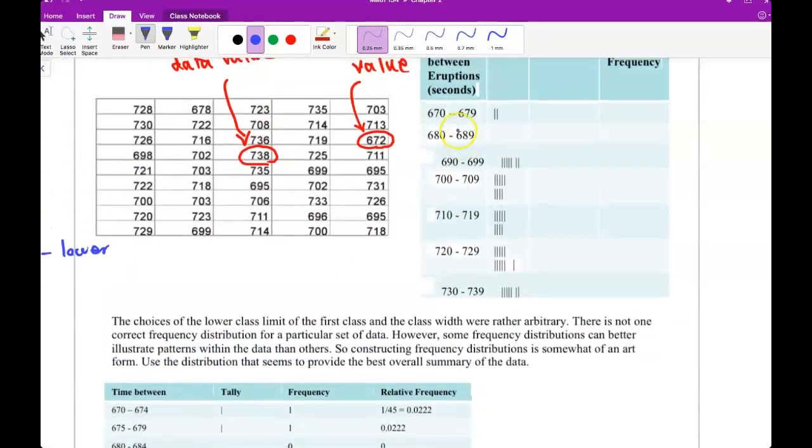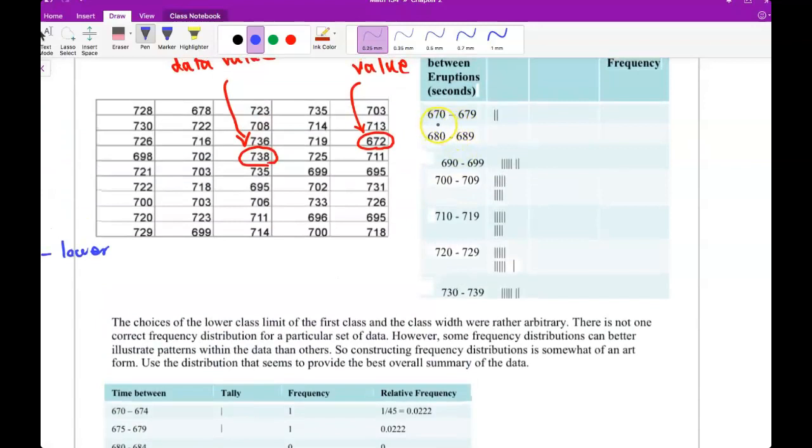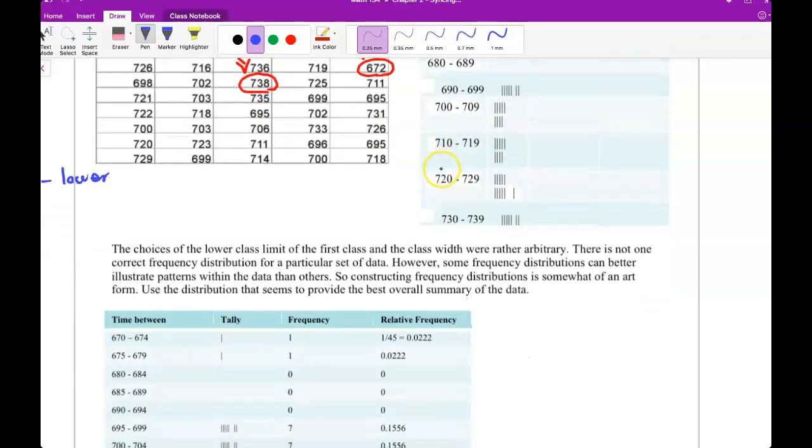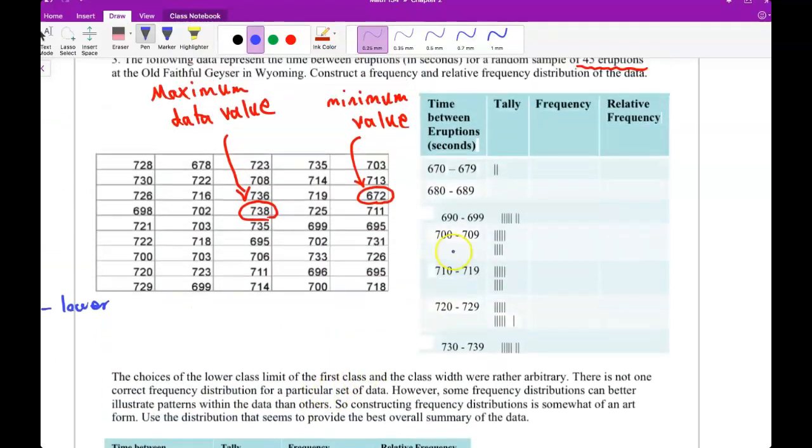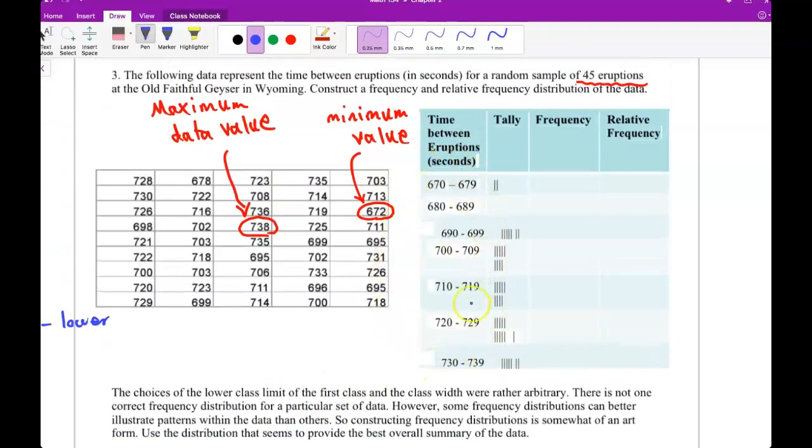For example, here the class width is 10, so we have 7 classes in total. And here, as you can see, the difference between these two numbers is 5. So the class width is 5, and that's why the total number of classes is more than we got on the first part with class width equal to 10.